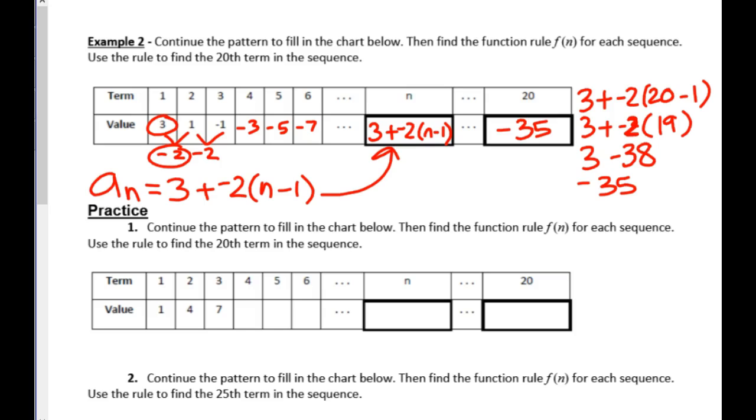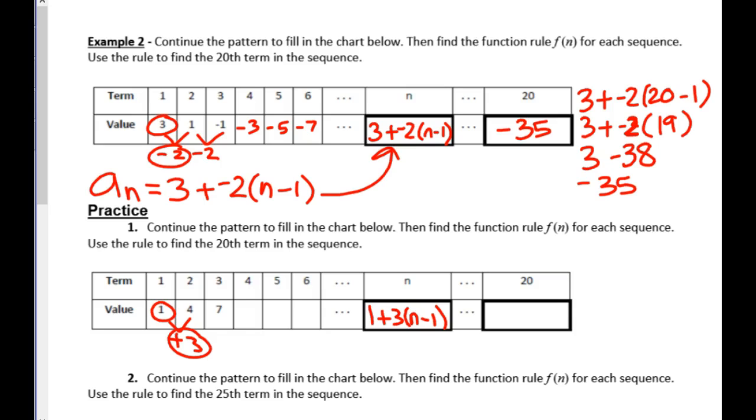Let's do a practice. We'll do the first practice one together. I'll let you do the other ones. But again, the change from 1 up to 4 is what? Okay. Plus 3. And then I also need to know the starting point. So I got 1 with a change of 3. So it's going to be what? Parentheses and minus 1.